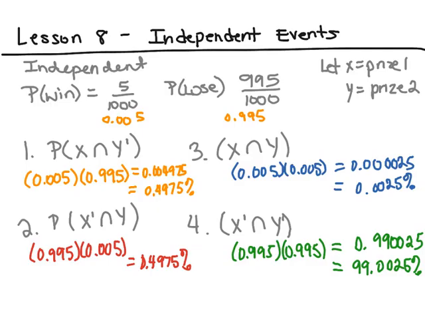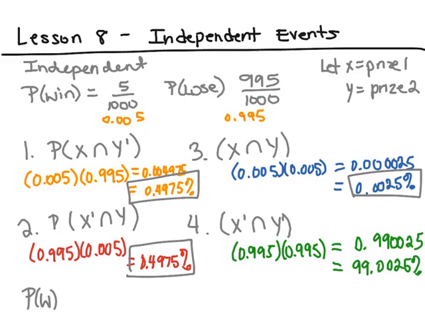So there's two ways you could figure out how you could win. The first way would be to add all of your total winnings up. So the probability to win would be 0.4975 plus 0.4975 plus 0.0025, and you get 0.9975.